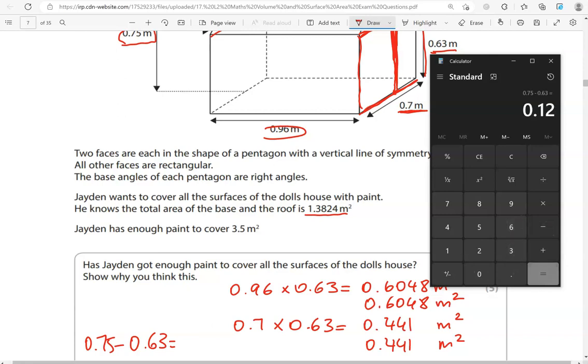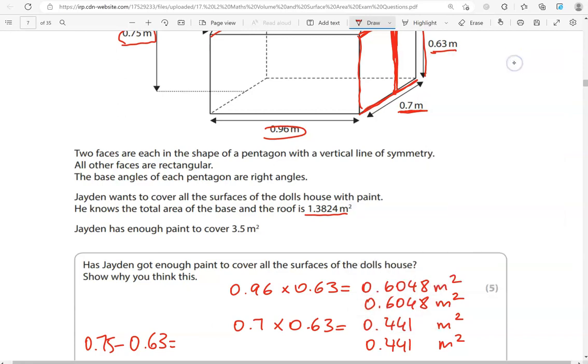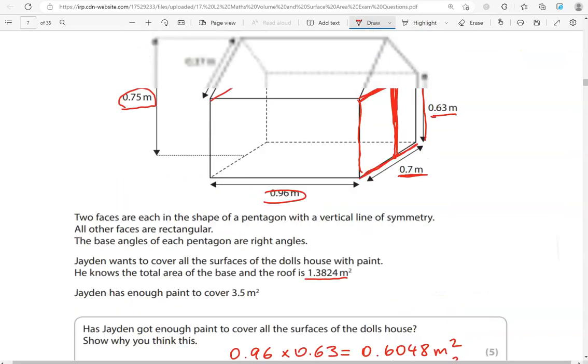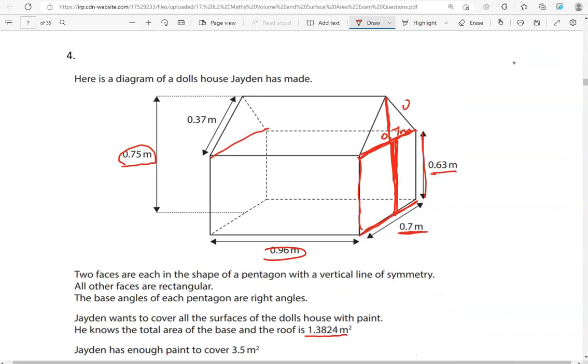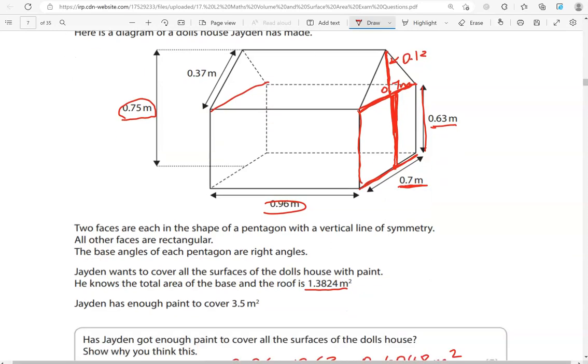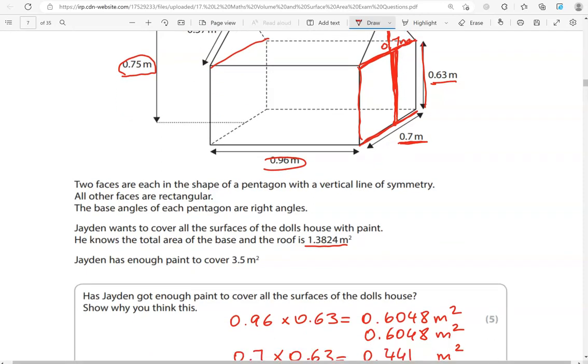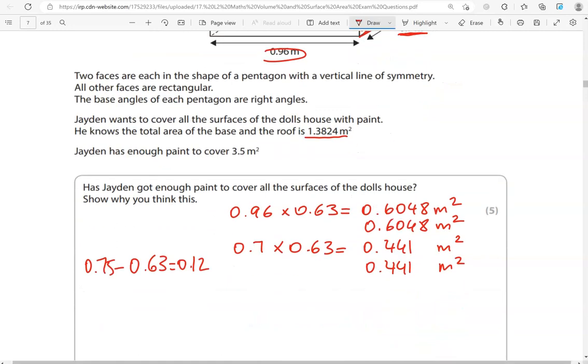Which is 0.12. So we know the height is 0.12. So to work out the area of the triangle, we'll do 0.7 times 0.12 divided by 2.